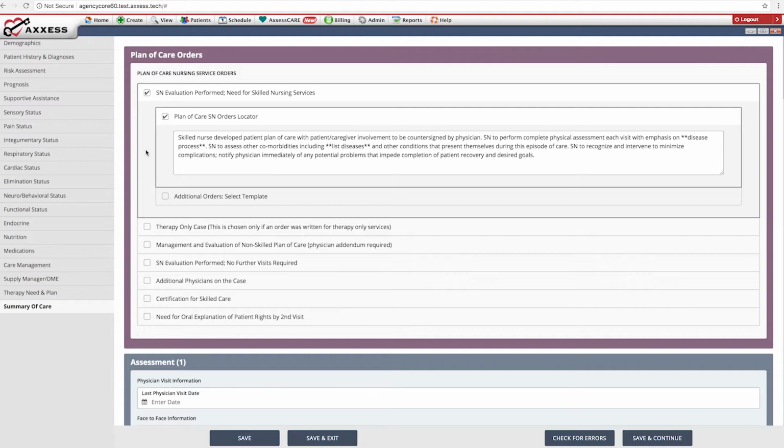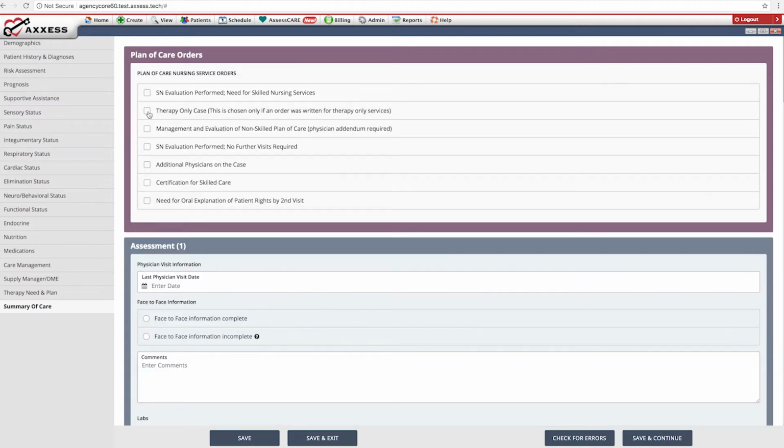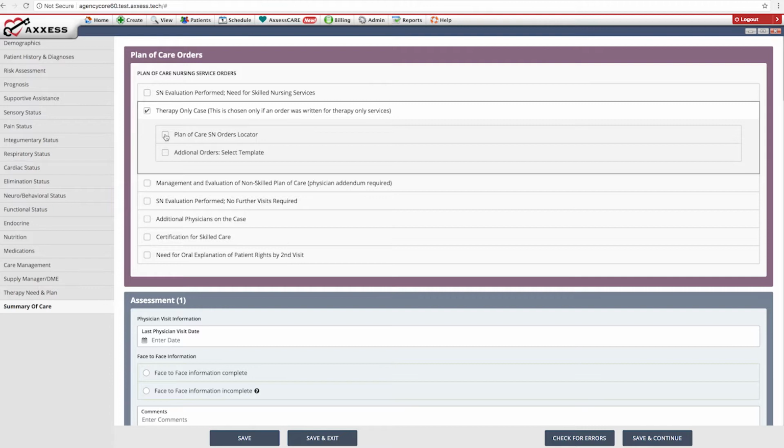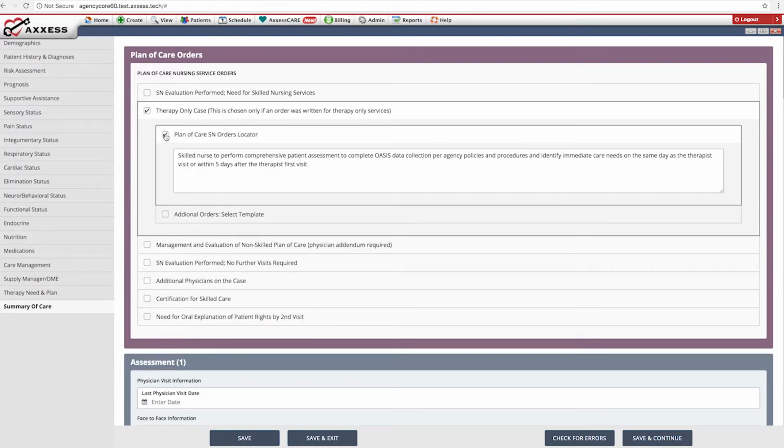If the patient does not require skilled nursing, another decision is that this is a therapy-only case. So you receive an order for a therapy-only case for the nurse to actually go out and perform the admission. So you need this order on the plan of care to identify that the nurse is actually going out to collect the OASIS data.